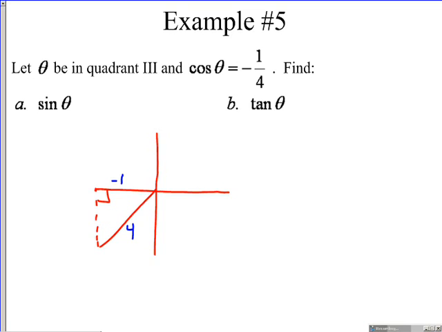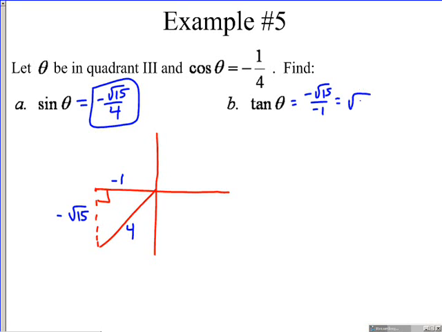Leg squared plus leg squared equals hypotenuse squared. 4 squared is 16 minus 1. This has to be -√15. So the sine of this angle is going to be opposite over hypotenuse, -√15 over 4. Tangent, opposite over adjacent, -√15 over -1, which is just √15.